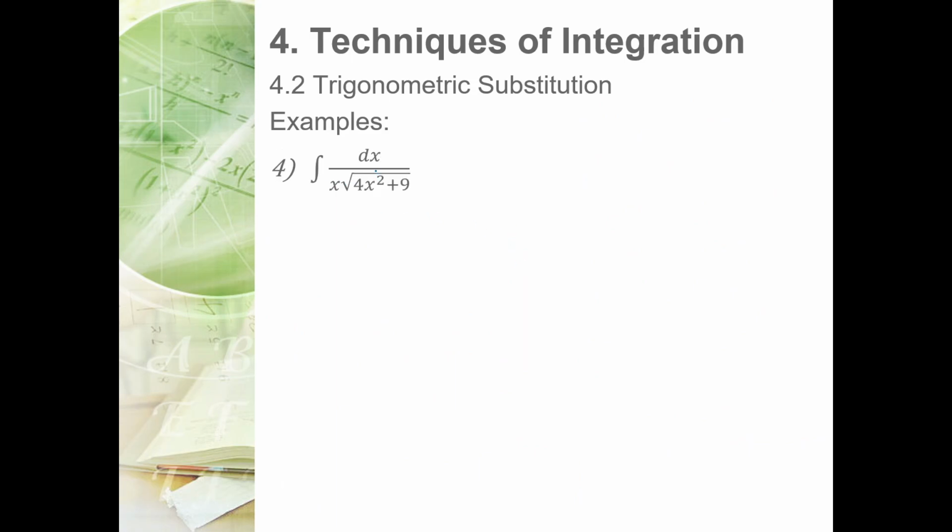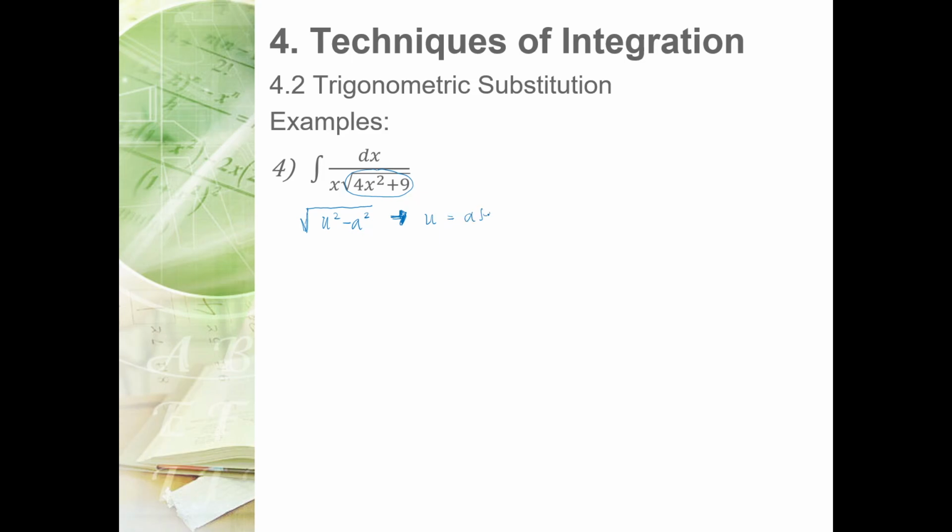So 3 more examples. Again, this format here. In the last 3 examples, I will not put the steps anymore. So this is u squared minus a squared, so again, the formula here is secant, not arc secant.